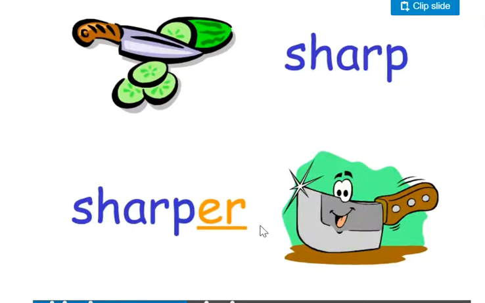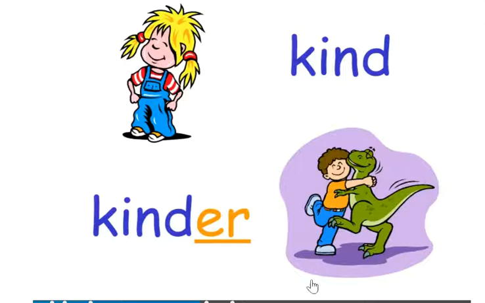So basically, you just need to know you have to compare two things. Please don't forget. And I think I'm gonna do this the last one. It's gonna be kind and kinder. She's kind, but he's kinder. So now you can say he's kinder than her. Okay?